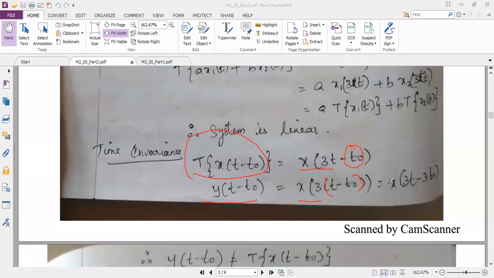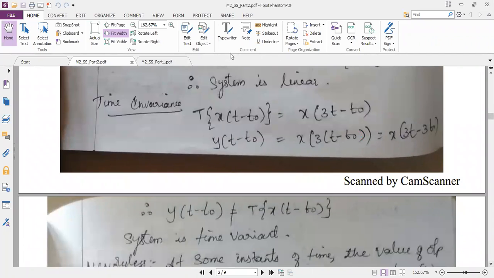When I expand it, it is x of 3t minus 3t naught. So my right hand sides are not equal, therefore it is not time invariant. So we have to conclude like this: y of t minus t naught is not equal to T of x of t minus t naught. Both are not equal.